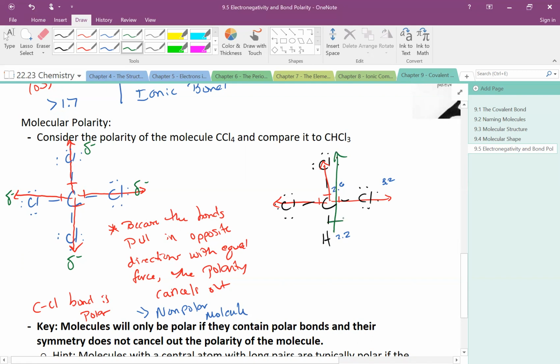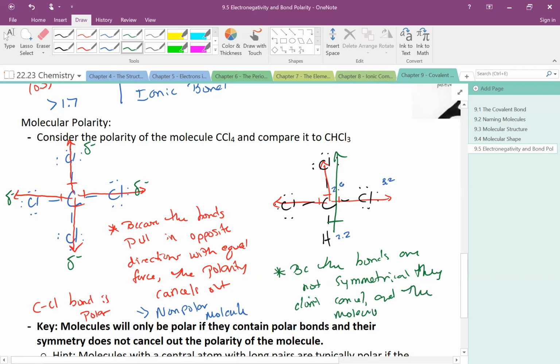So the overall molecule is, in fact, polar. And we could say because the bonds are not symmetrical, they don't cancel, and the molecule is polar.